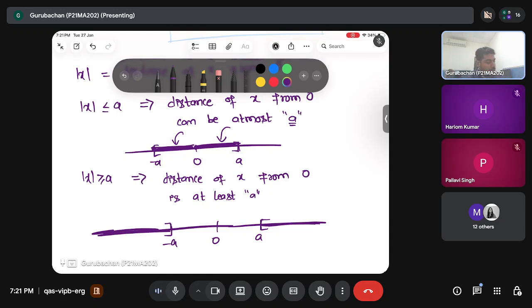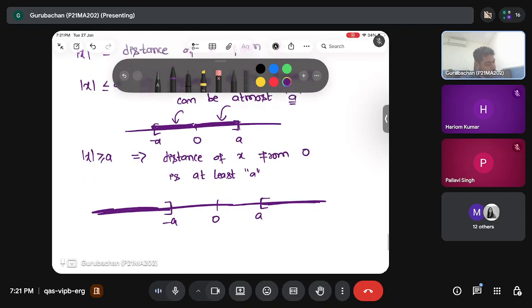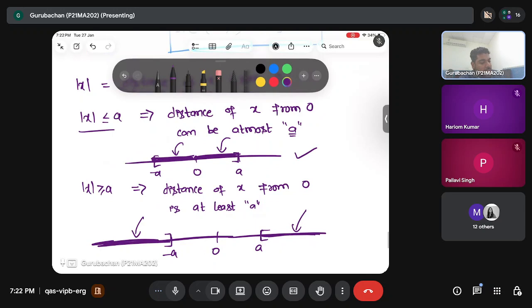In this case, you have to take either this case or this case, while in the above you have to combine them. So for the sake of simplicity, if the relation given is less than or equal to a, that means you have a bounded region and you have to combine the inequalities. While if it is greater than or equal to a, that means it's an unbounded region.